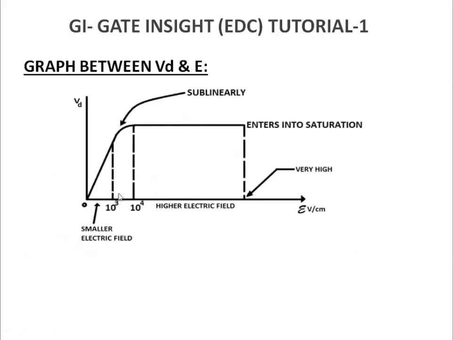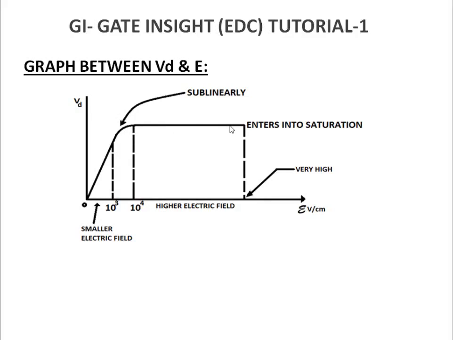This is the graph, as I told you, that first there is a linear relationship between Vd and electric field. This graph is between Vd and E, and because mobility was constant at smaller electric fields, there was a linear relationship between Vd and E. As electric field is increasing, Vd is increasing. After that, there is a sublinear change because there was a non-linear change in the mobility and electric field graph. And after that, Vd becomes constant.